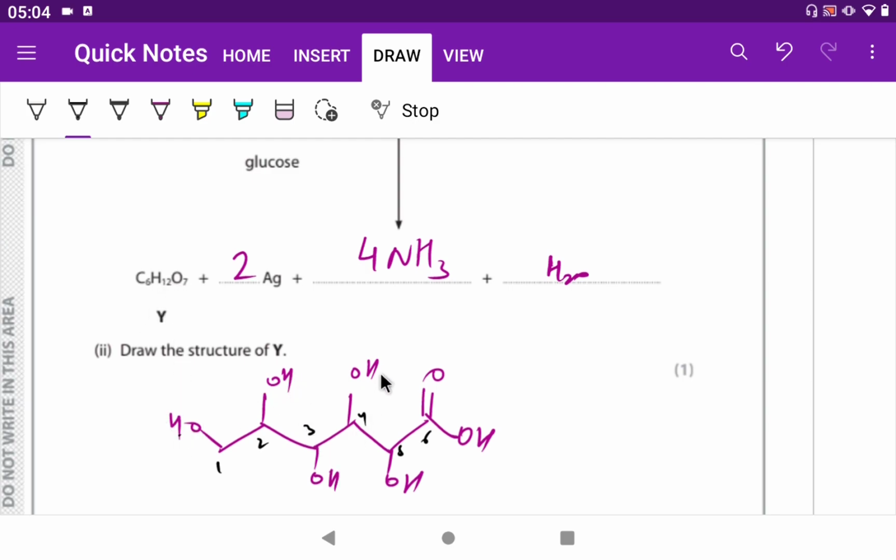Counting them: 1, 2, 3, 4, 5, 6, 7, 8, 9, 10, 11. Here are 2 hydrogens, so 12.